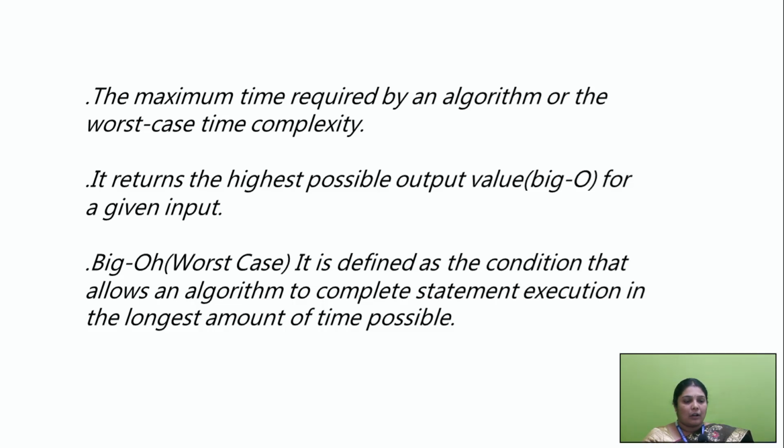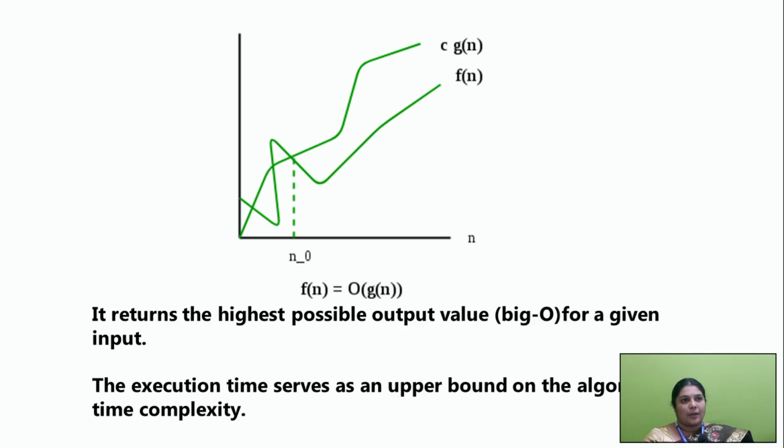Next, big O, that is the worst case. It is defined as the conditions that allow an algorithm to complete statement execution in the longest amount of time possible. Next, we are using graphical notations. For big O notation, it returns the highest possible output value for a given input.